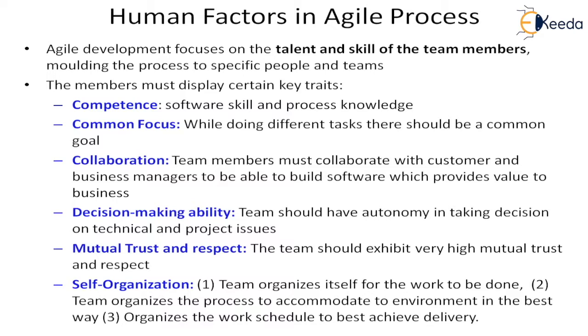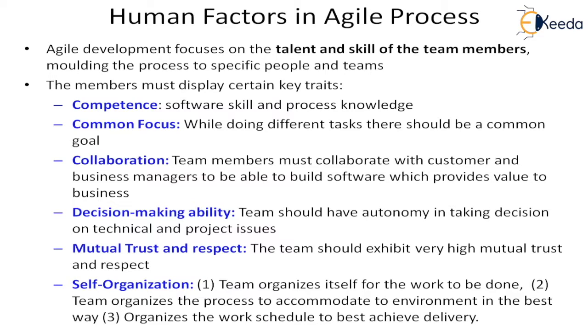Because the people have to work in the business environment, and the team has to accommodate the ever-changing business environment and the rapidness of the delivery. So the people who will be working in the agile development team need to have the talent and skill by which they can mold, influence, and adapt the process.